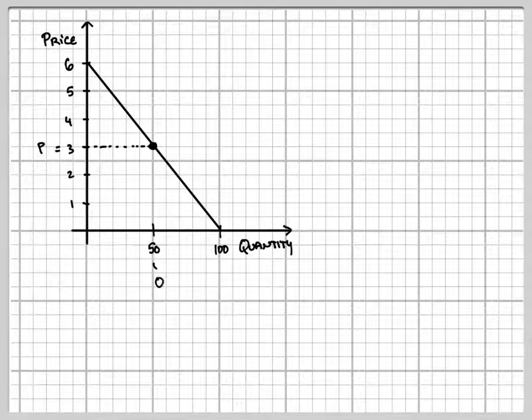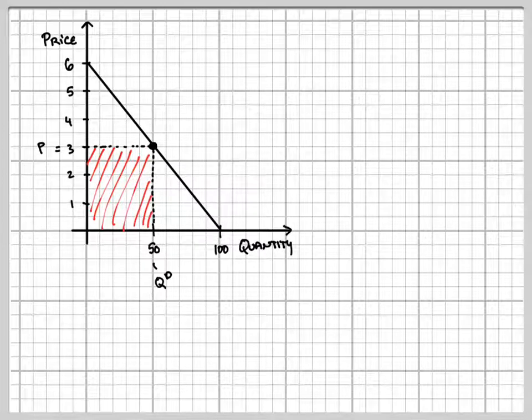This is our quantity demanded. And so total revenue is the area of this rectangle. And at that point, P times Q is equal to 3 times 50, or 150. So that's our total revenue. So that's where we find the total revenue on a demand curve.